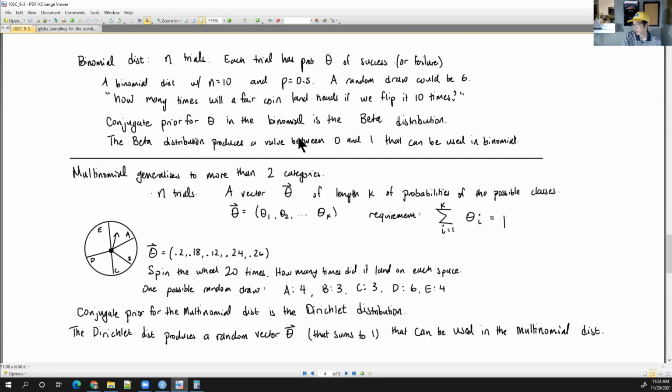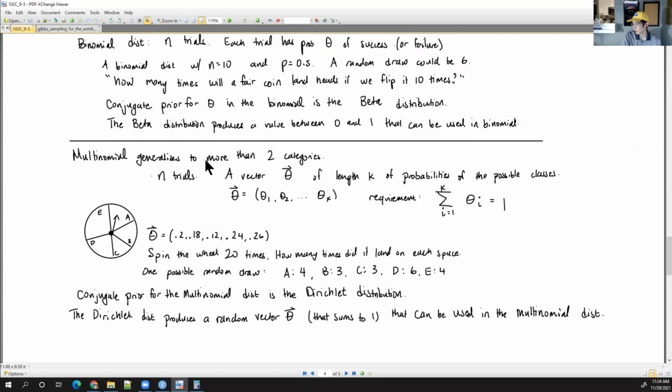And the conjugate prior for the binomial is the beta distribution. The multinomial distribution generalizes to more than 2 categories. And basically, you have n trials, and you have a vector theta, where the values in theta add up to 1. And here's an instance where you're going to spin the wheel, and we just ask how many times does it land on space A or space B or C or D or E, okay?